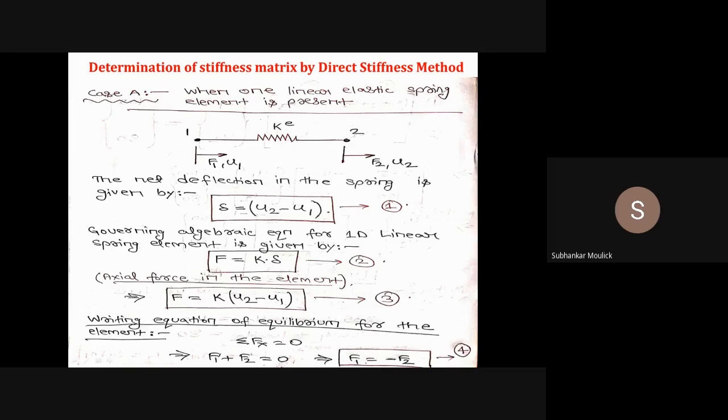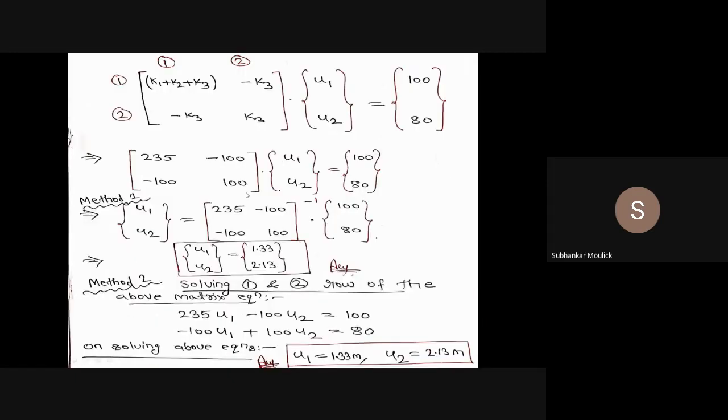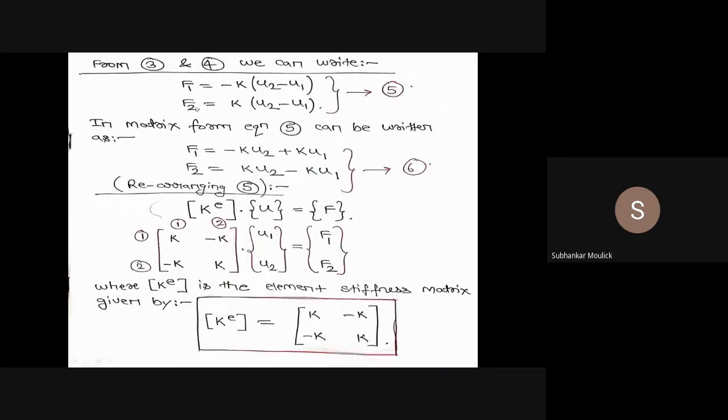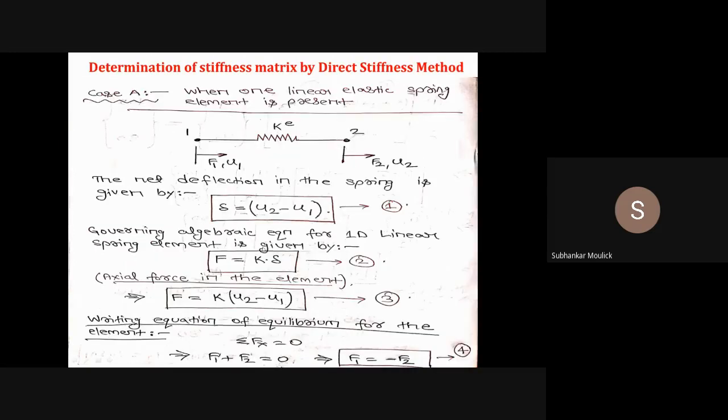So since I got F1 is equal to minus F2, then for this particular element, I can write the value of F1 and F2. If I assume that F2 is greater than F1, how can I write it? F2 is stiffness K into deflection. Assume that at node 2 deflection is U2 minus U1.